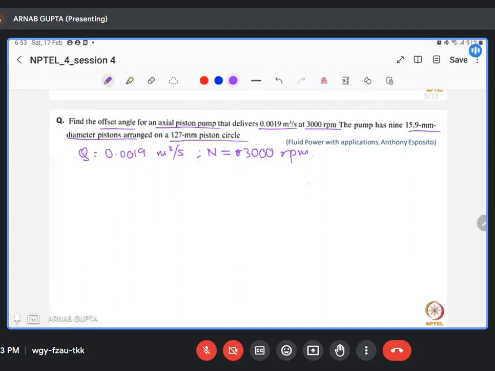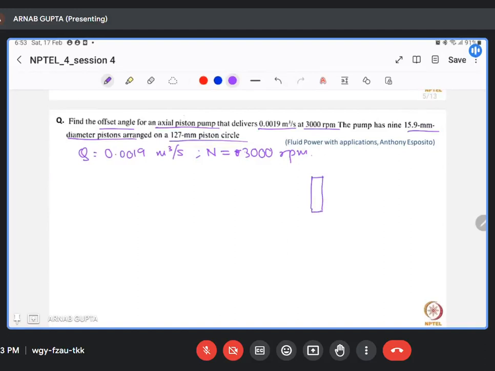So I hope that you are acquainted with the arrangement of piston pumps.